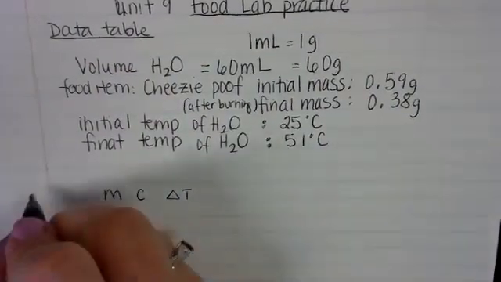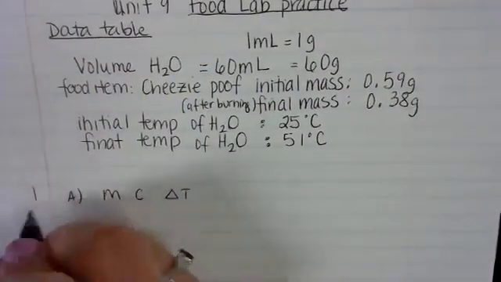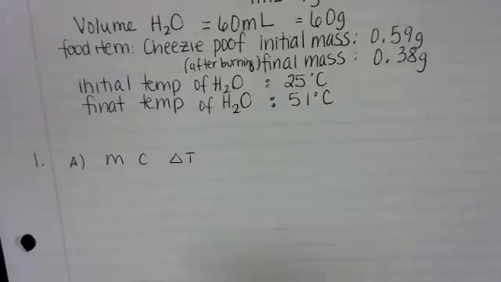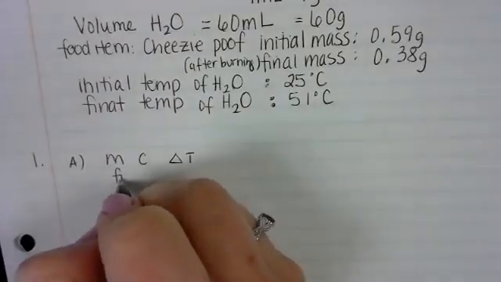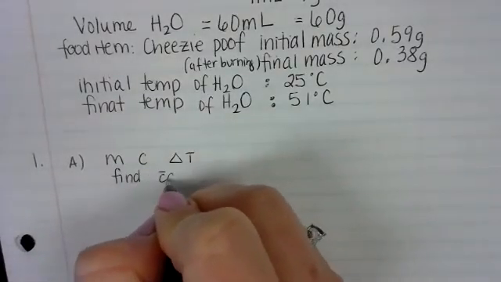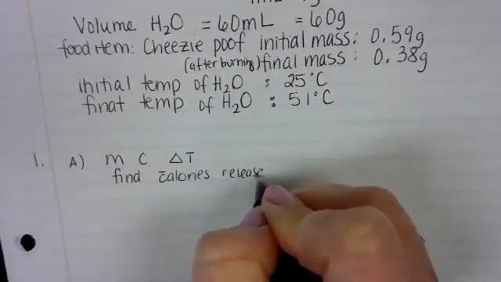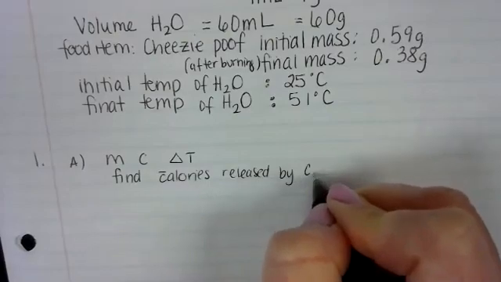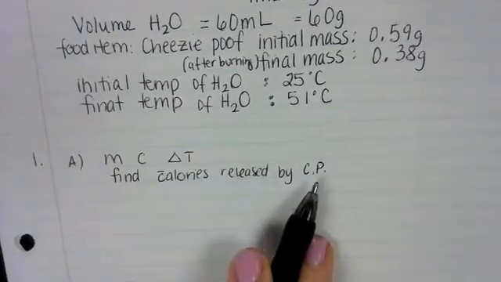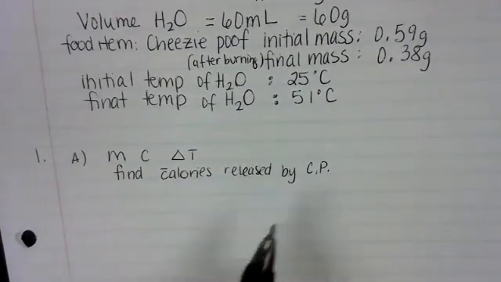All right, so the first problem on the practice asks you to solve for, find the little c calories released by cheesy poof. And from now on, I'm just gonna write CP for cheesy poof.